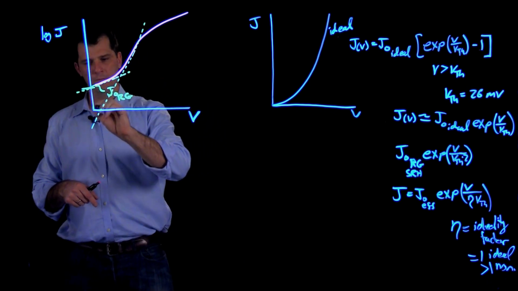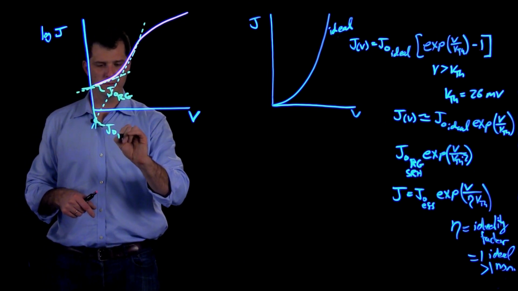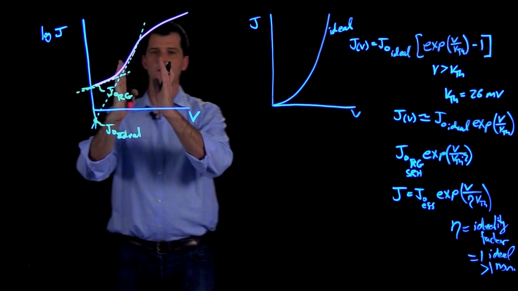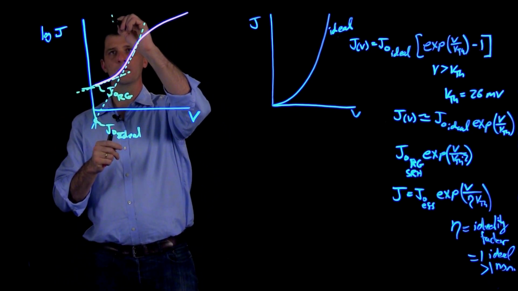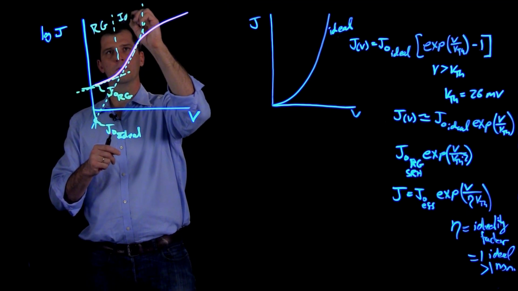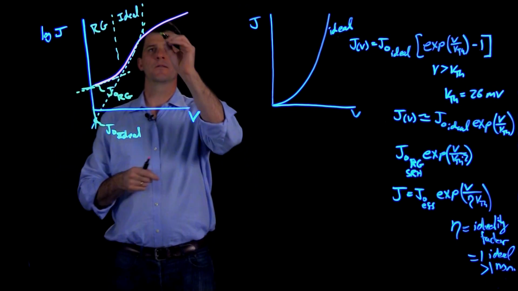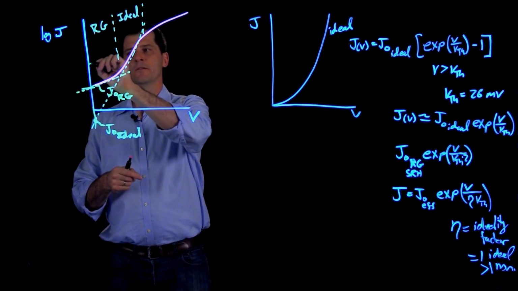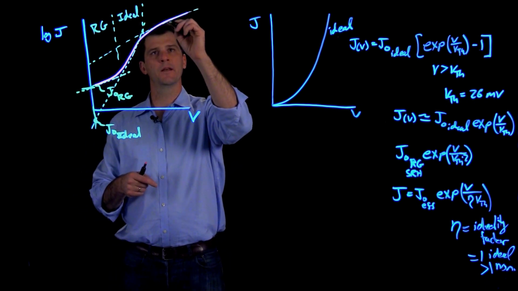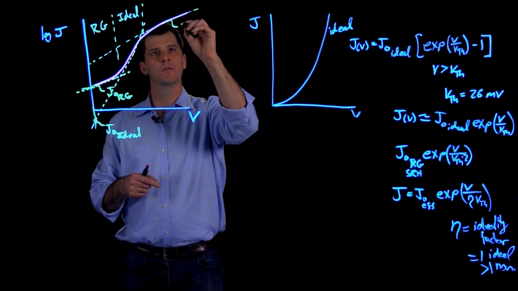Similarly, we can read off the ideal diode behavior from a slightly larger voltage range. But then at even higher bias, we end up back in a regime of ideality factor greater than 2, which would be high injection.